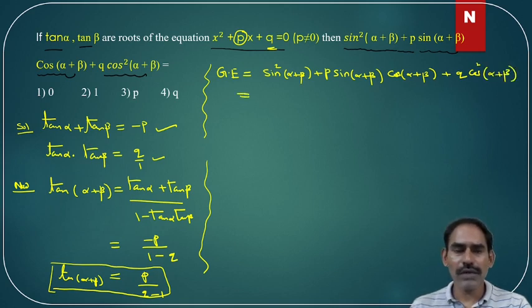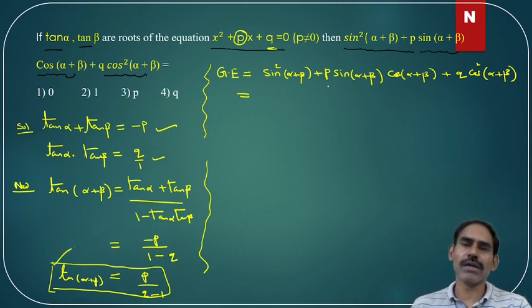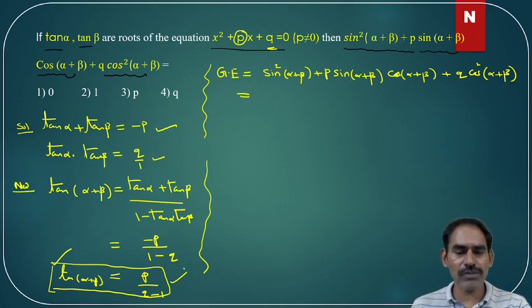Here we convert in terms of tan. The total given expression we have to convert in terms of tan, so in the place of tan(alpha plus beta) we can substitute p by q minus 1. For that purpose, write cos square (alpha plus beta) as common.